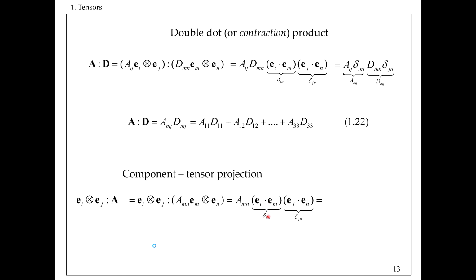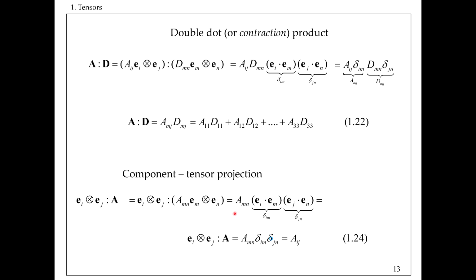Again, this is delta IM, this is delta JN, and with these deltas, we find this I and M. There is an M that repeats in here, so we can use the property of this Kronecker delta and replace that M with I, and using this delta to act on this N and replace that N with the remaining J here. So the result will be just A_IJ, right?